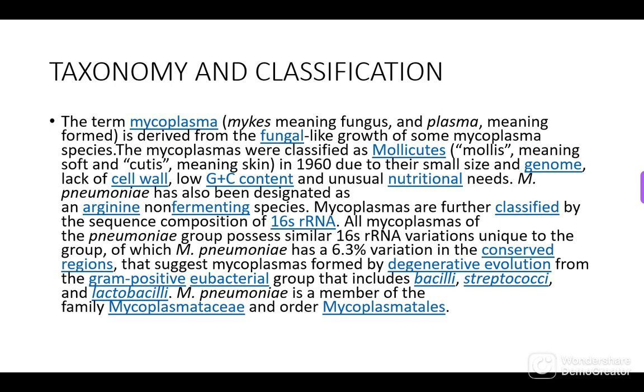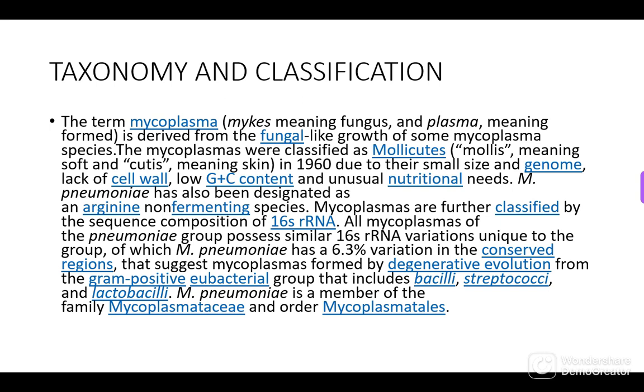Which bacteria lack the cell wall? This is the MCQ. Low G plus C content and unusual nutritional needs. Their nutritional needs are far more unique than the other bacteria. Mycoplasma has also been designated as arginine fermenting and non-fermenting species.